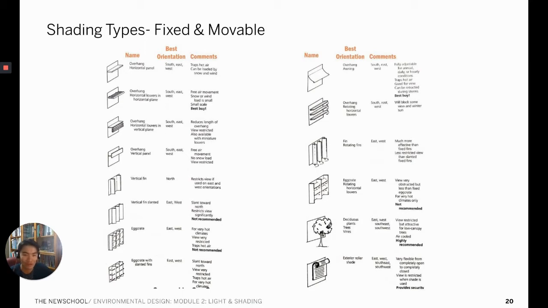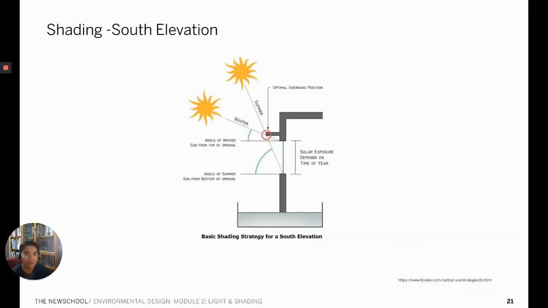This chart is a comprehensive chart showing a range of conventional architectural shadings desirable for different orientations, which is useful to be referenced during the design process. This diagram shows both the sun angle at the end of the overheated period, as well as the cold period with the lower winter sun angle.